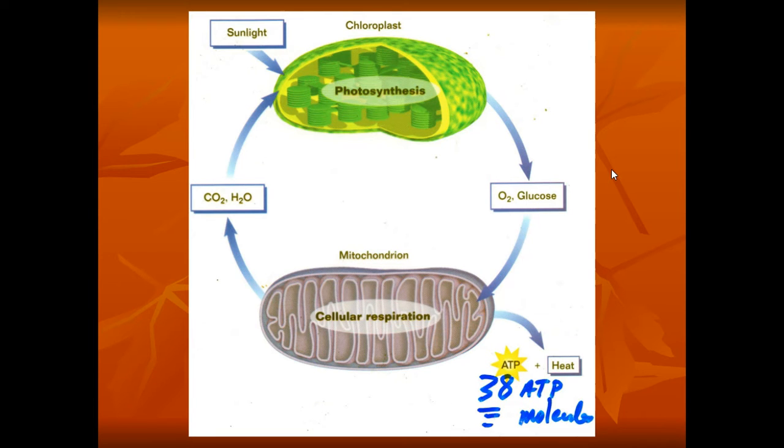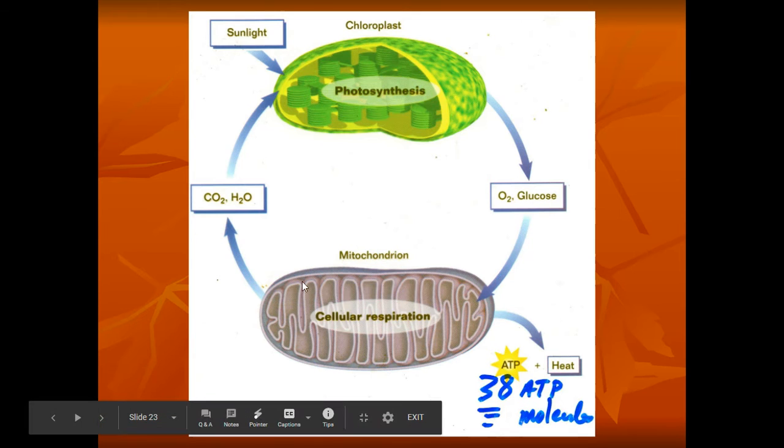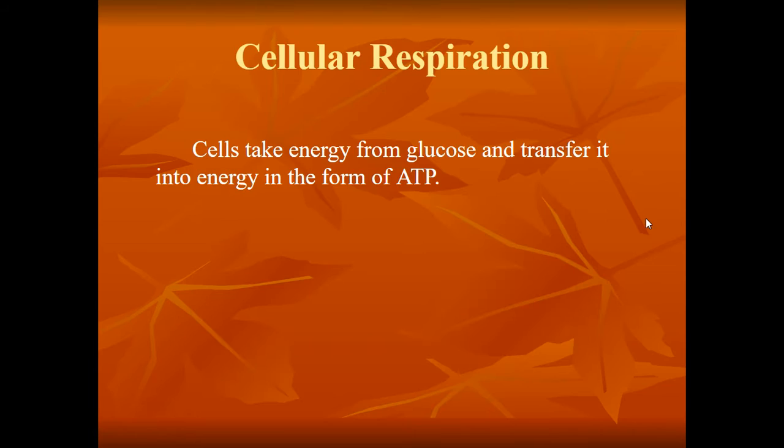The overall goal that we focus on in cellular respiration is ultimately making ATP. You'll notice we see the number 38. I'll talk about that later. Cellular respiration is where we take energy from glucose and transfer it into energy in the form of ATP.